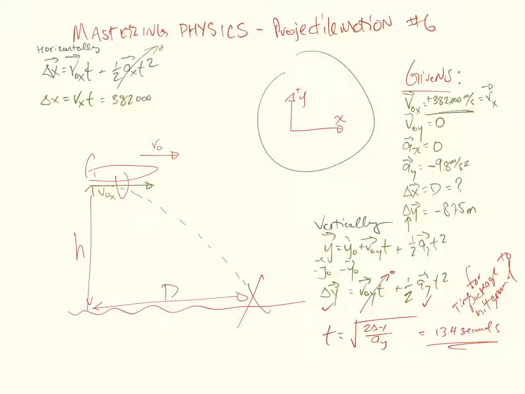So 382,000 meters per second. That's my velocity in the x direction times what? Time? 13.4 seconds. And what do you get? I have no clue. Try it.